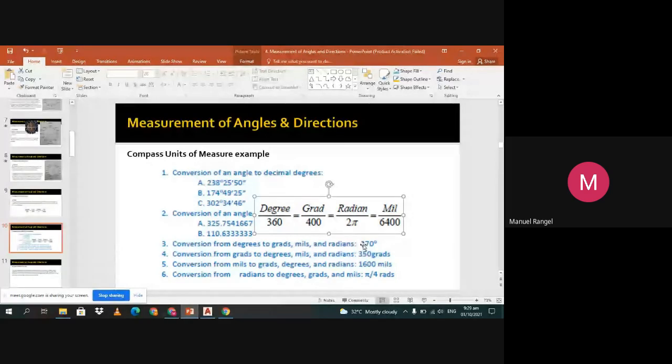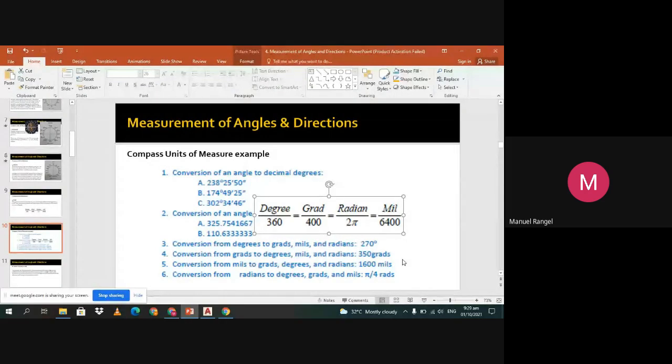Kining 270 into mils: 270 divided by 360 times 6,400. That is 4,800 mil.